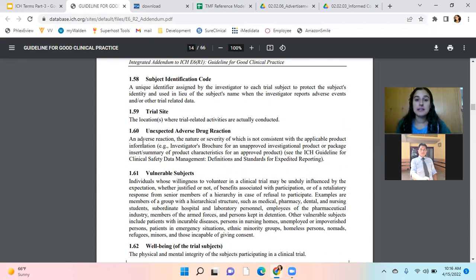Okay, unexpected adverse drug reaction. This is what we talked about, where there is an adverse event, right? Something that's not good, and unexpected is worse because it's not in the IB. So it's not something that they thought was going to happen, right?